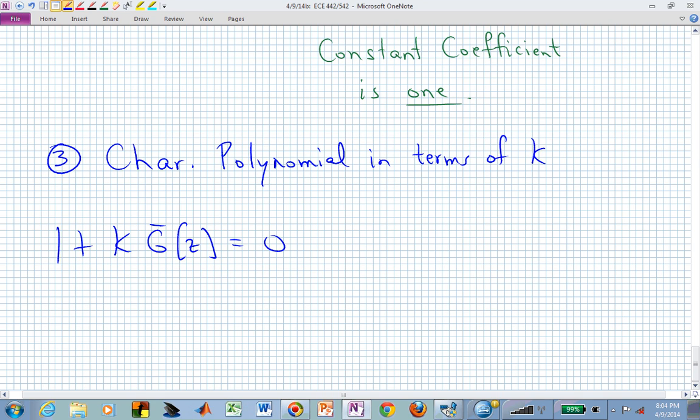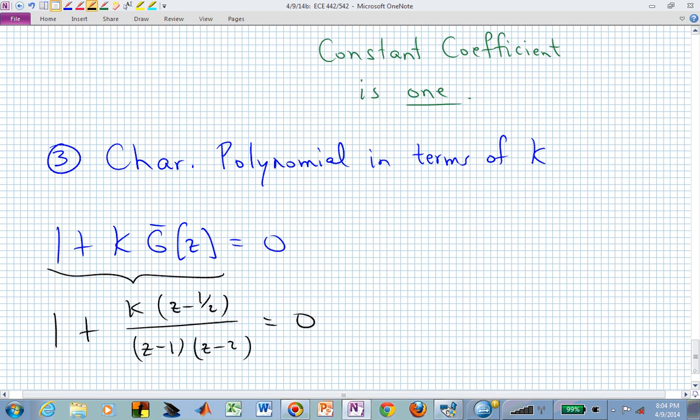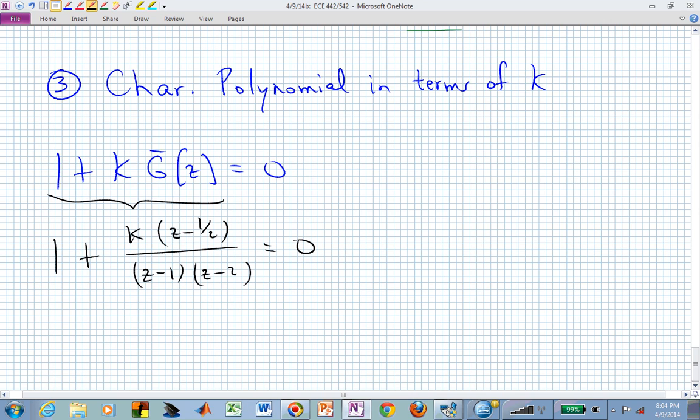The characteristic polynomial is this piece. That's now 1 plus k times z minus 1 half over z minus 1, z minus 2 for our particular problem. That's equal to 0 to give us our characteristic equation.